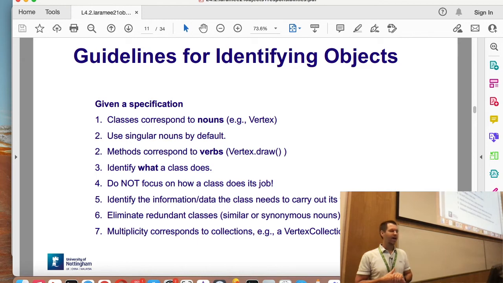By the way, at my last software engineering job, you imagine you start a new job. At some point, you're seeing the source code for the very first time. I remember looking at the source code for the very first time at my last software development job, and they weren't following these rules. They had some classes named with verbs, and they made this mistake with adding an S from going from singular to plural.